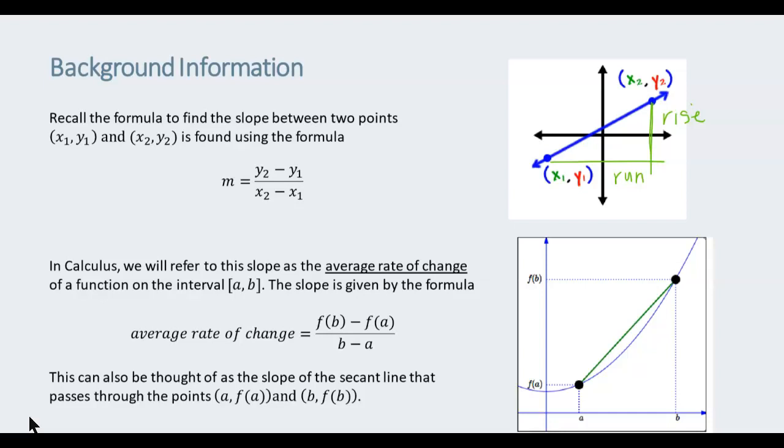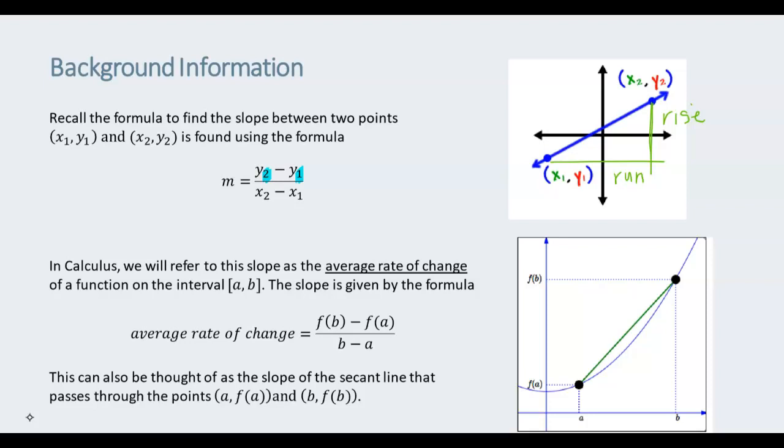We use this notation with a sub number, the number that's just below the variable. This is y sub 2 and this is y sub 1, just to denote that we're talking about two different y values because we're looking at two different points.